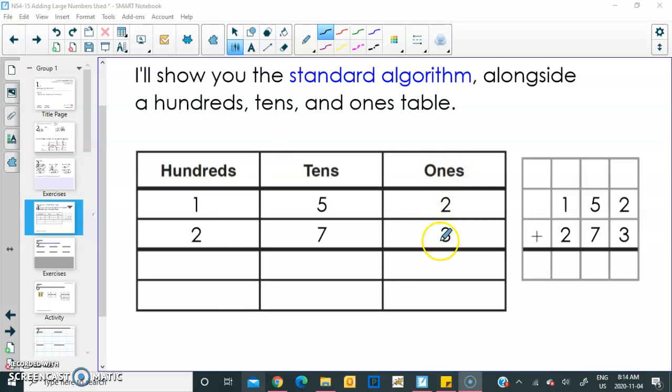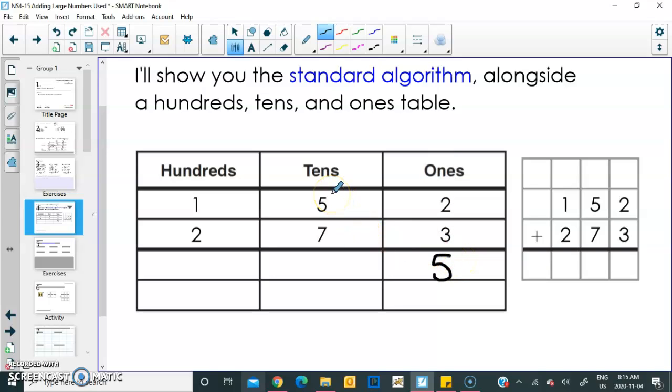So remember, we always start with the ones. We're going to be adding 152 to 273. So in this column, we have 2 plus 3, which equals 5. Do we need to regroup grade 4s? No, you don't need to regroup a 5.